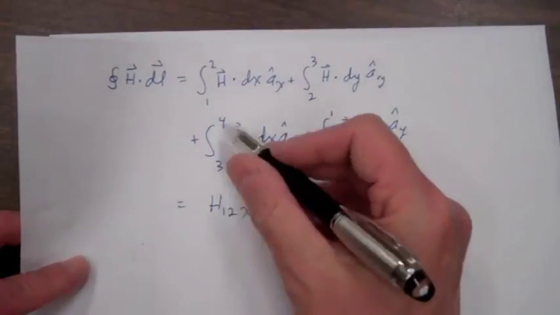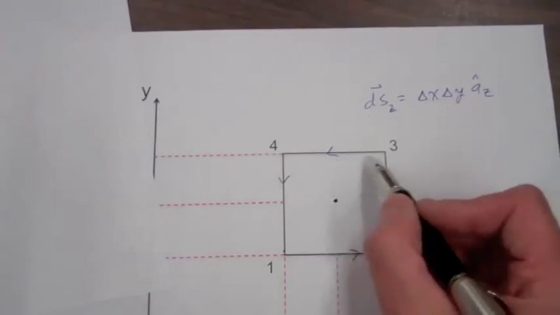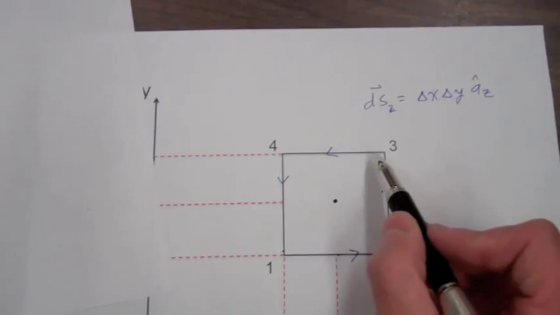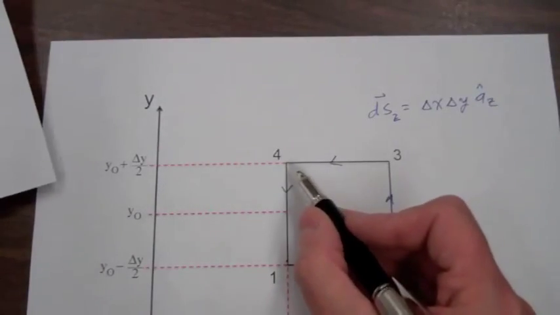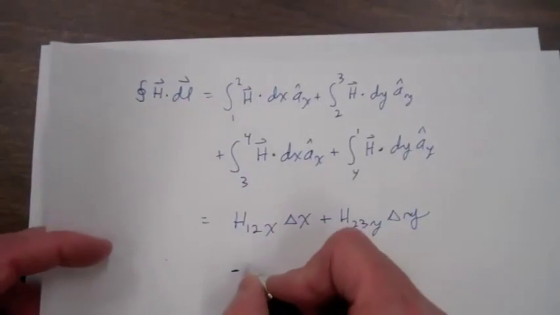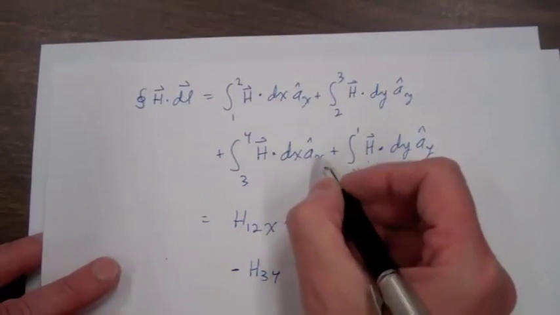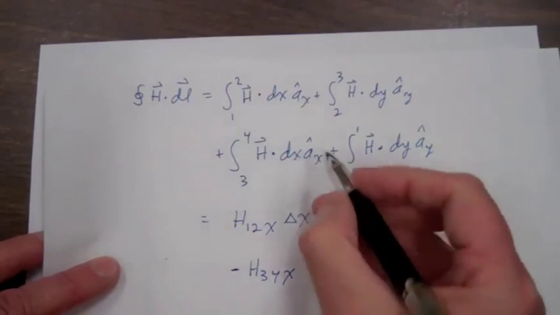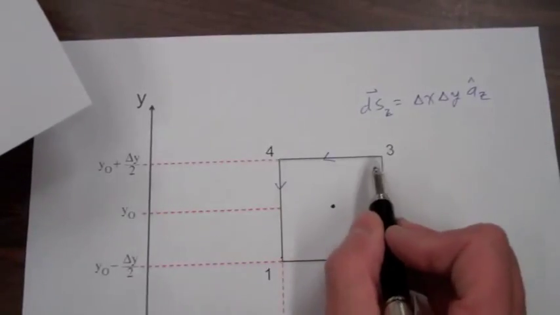So when we integrate from 3 to 4, we're now integrating in the opposite direction of our dl, so we're going to end up with a minus sign. We're going to have the value of H along line segment 3 to 4. And since we're dotting with a sub x, we'll get the x component. And so then we're integrating dx along 3 to 4.